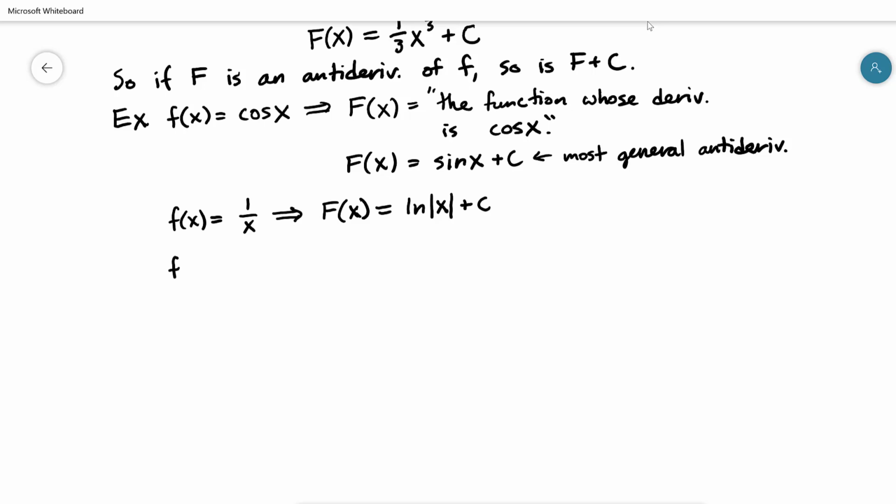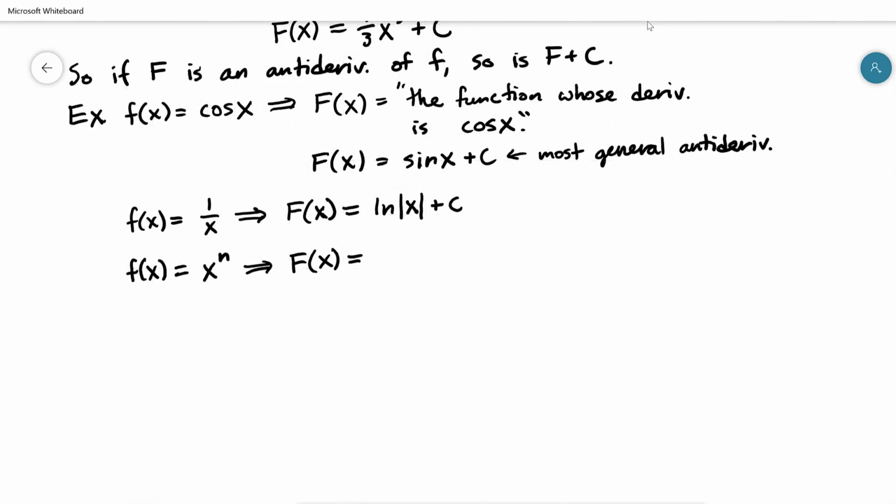If I did a general power rule, if I wanted x to the nth power, what is the antiderivative of x to the nth power going to be? Well, I know it's going to be 1 power higher, so it must be something times x to the n plus 1, because when I take the derivative of x to the n plus 1 according to power rule, the power will be reduced by 1, which will give us the power that we're looking for, which is just n.